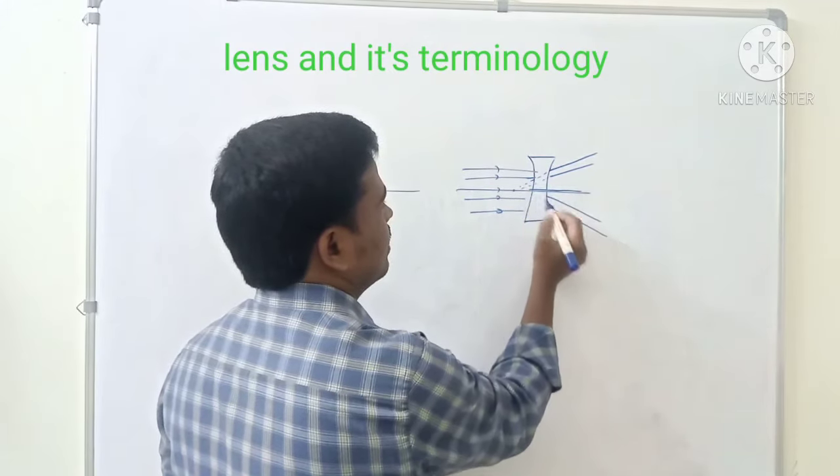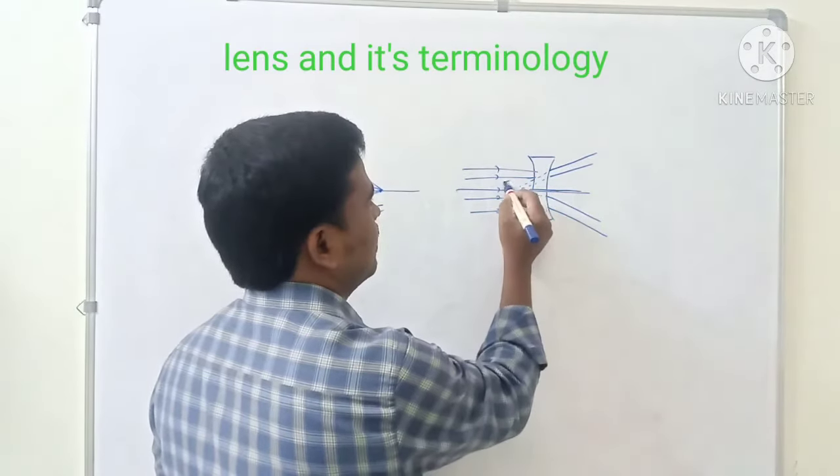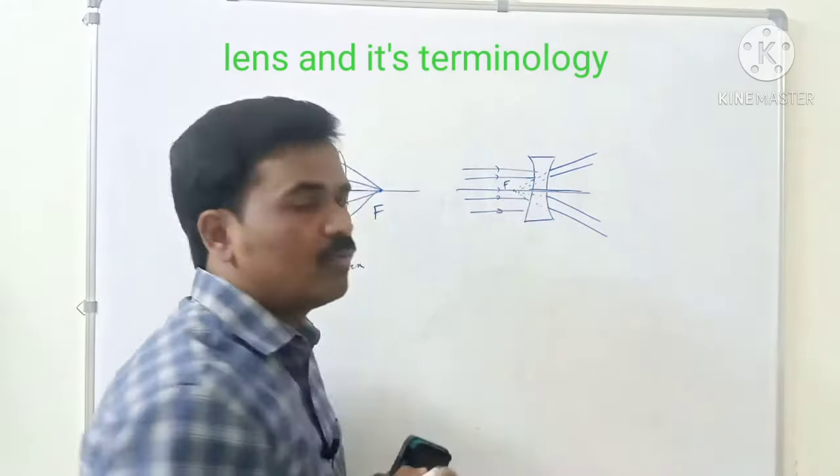They seem to be diverging from this point. This point is also called the focal point or focus. So what we learn here is that the convex lens converges the rays, and the concave lens diverges the rays.